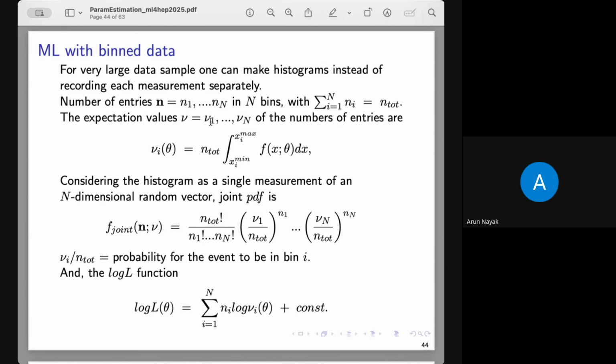Here the nu i's can be written in terms of the parameter theta as nu total times the integration within the bin range of this PDF f of x dx.